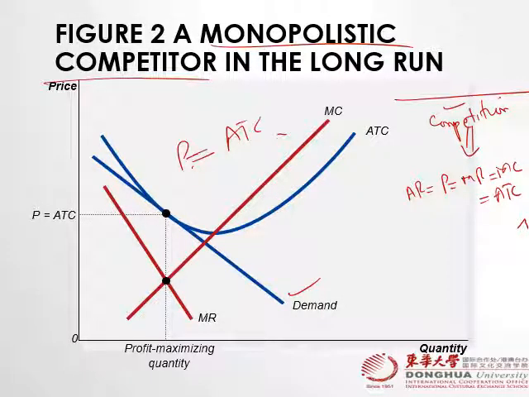But here MR is equal to MC, which is not equal to price, not equal to MR, not equal to ATC. Only price is equal to ATC. So that one condition is fulfilled, right? So that's going to be the basis of our discussion for the next slides here.